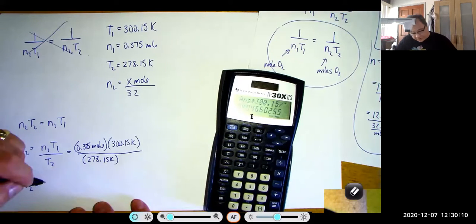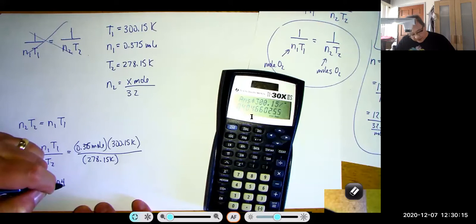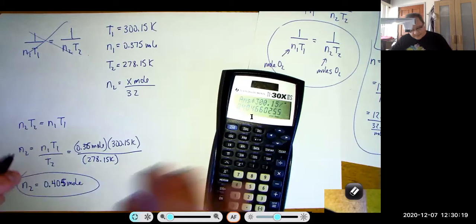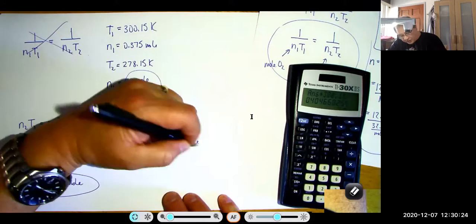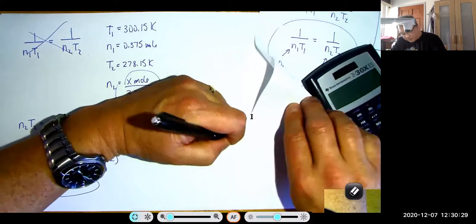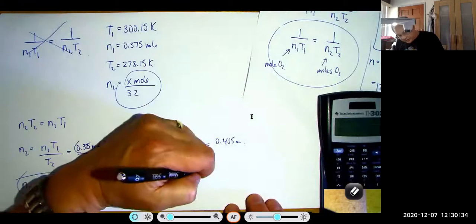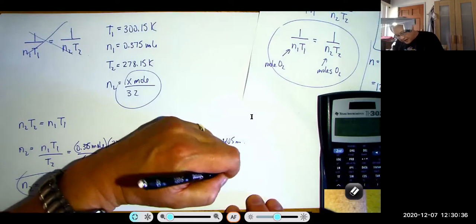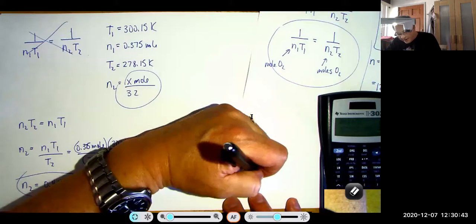And so I get N2 is equal to 0.405 mole. But now I also have this, that X moles over 32 is equal to 0.405 mole. So now I get that X is equal to 32 times 0.405. And I get 12.9.